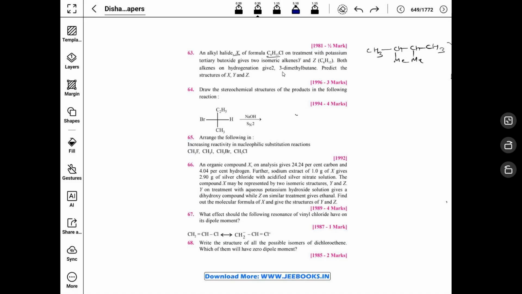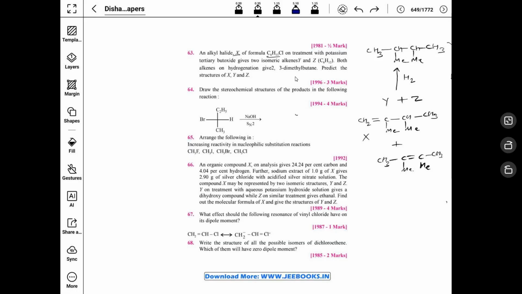Okay, this is 2,3-dimethyl butane, and it is formed by the hydrogenation of Y and Z. Both are giving the same product. So we can say there are two possibilities: the double bond can be at the terminal position and in the middle.